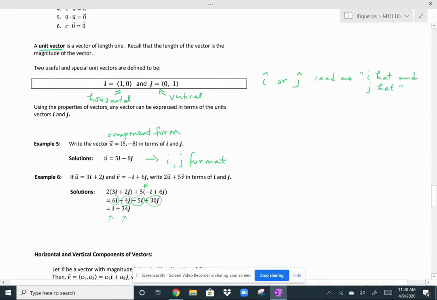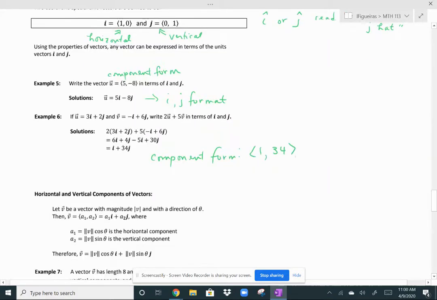So the sum is i plus 34j. In component form, you would write <1, 34>, right? Because the coefficient of i is 1 and the coefficient of j is 34.